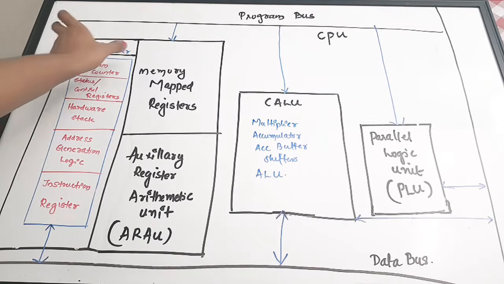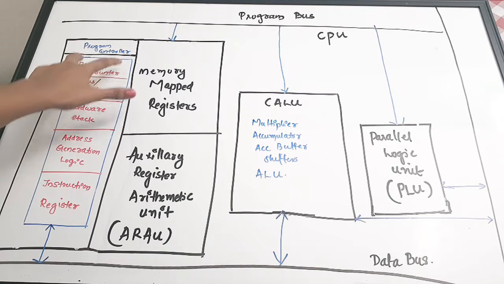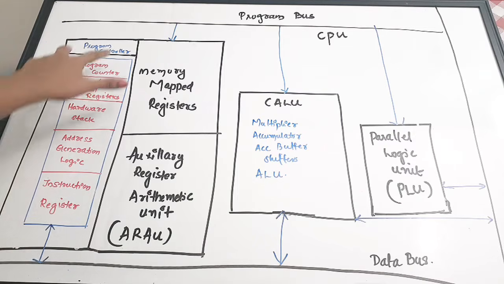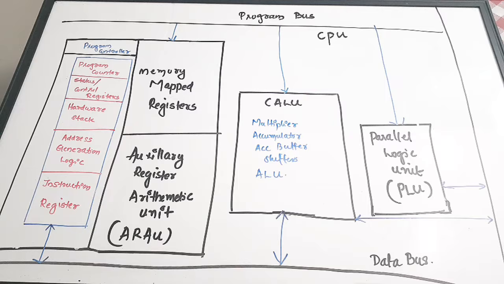The first structure is called the program controller. This entire block is called the program controller unit. Its function is that it contains all the elements that decode the instructions, manage the CPU pipeline, store the status of the CPU operation, and decode the conditional operation.